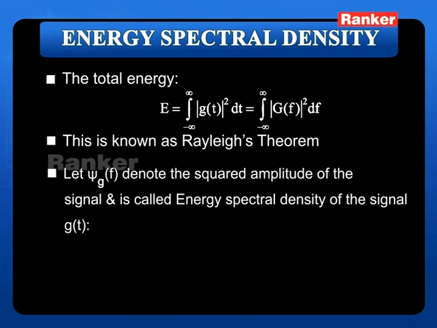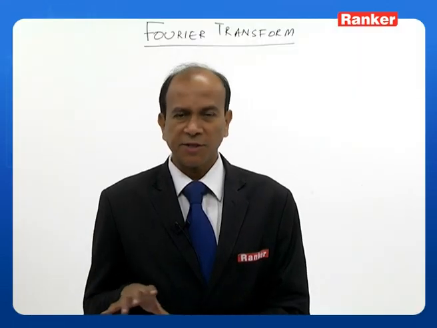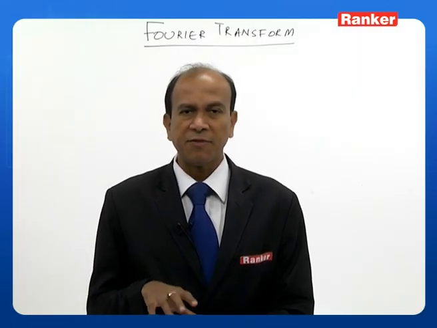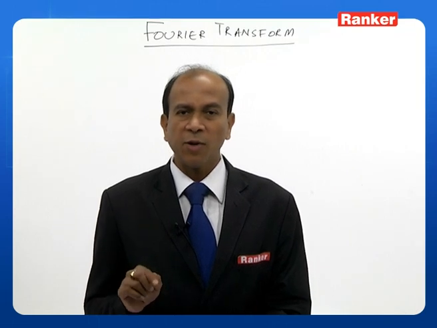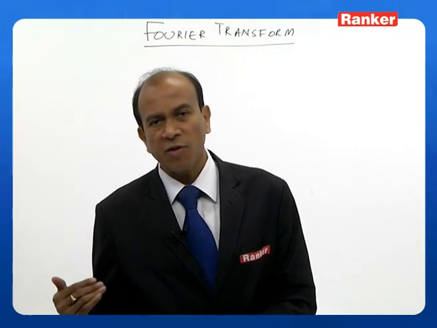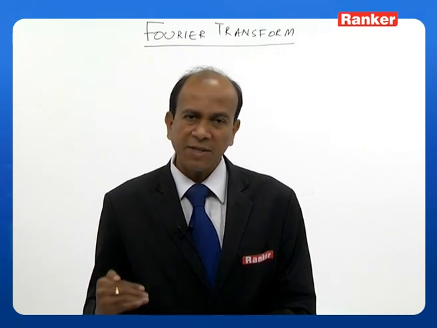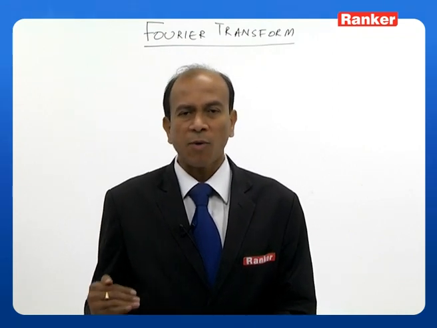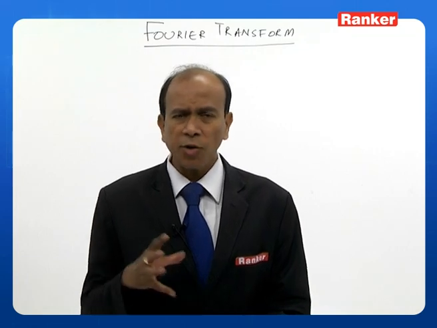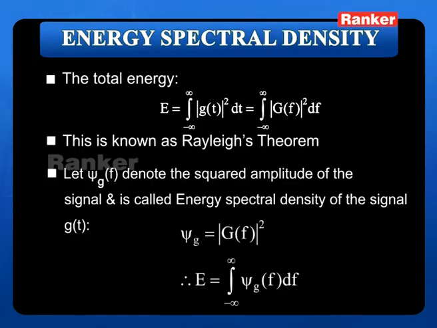Let us summarize this. Now you know the energy of a signal is given by integral from minus infinity to plus infinity mod g of t whole square dt. So when I calculate G of f, the Fourier transform of g of t, the energy will be equal to integral from minus infinity to plus infinity mod G of f whole square df. Now let us use psi g of f is equal to mod of G of f whole square. Then this psi g of f is called the energy spectral density.